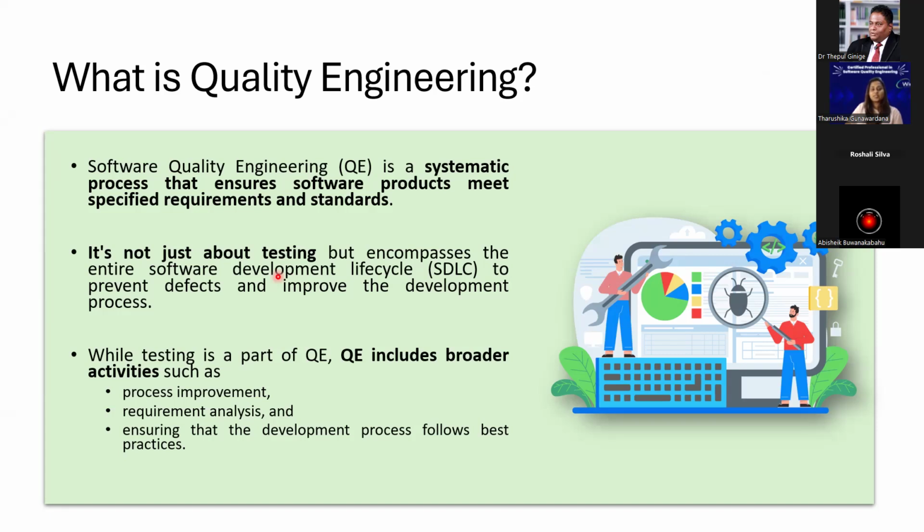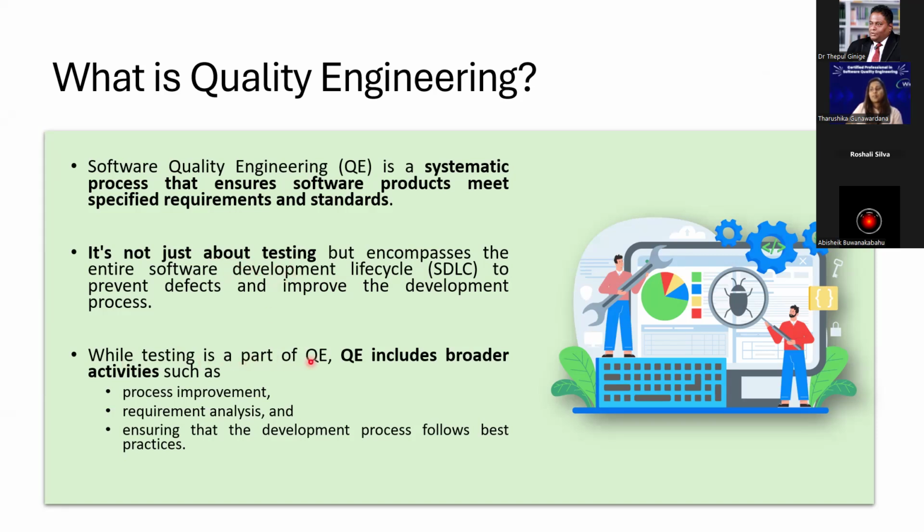And then we have to check the design. Likewise, we have to go through each and every phase of the software development life cycle. We are not doing the testing once the software has been developed. That means we are not going to just test at the end of the software, but we are involved at the beginning. So that's why it's saying it's not just testing.